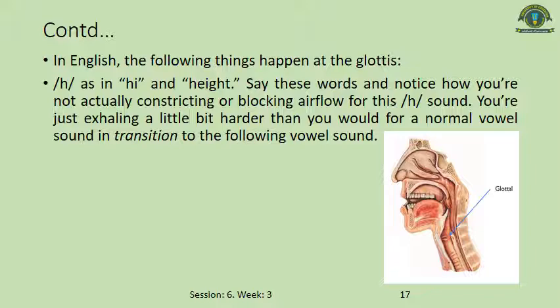It is not height. It is height. So I want you now to say these words and notice how you are not actually constricting or blocking airflow for this h sound. You are just exhaling a little bit harder than you would for a normal vowel sound in transition to the following vowel sound, whatever the vowel sound is.